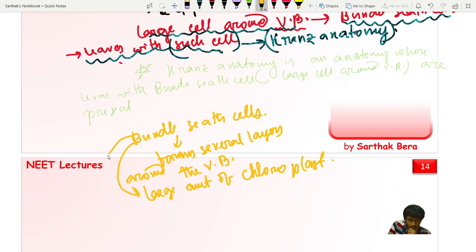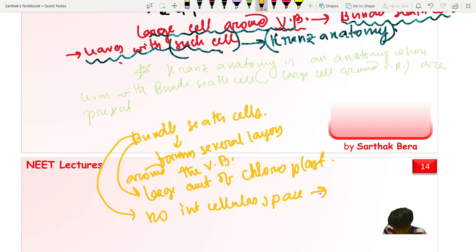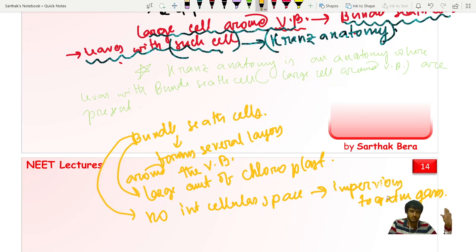And it has no intercellular space. Because there is no intercellular space, it is impervious to atmospheric gases. So the bundle sheath is a gas-proof chamber.